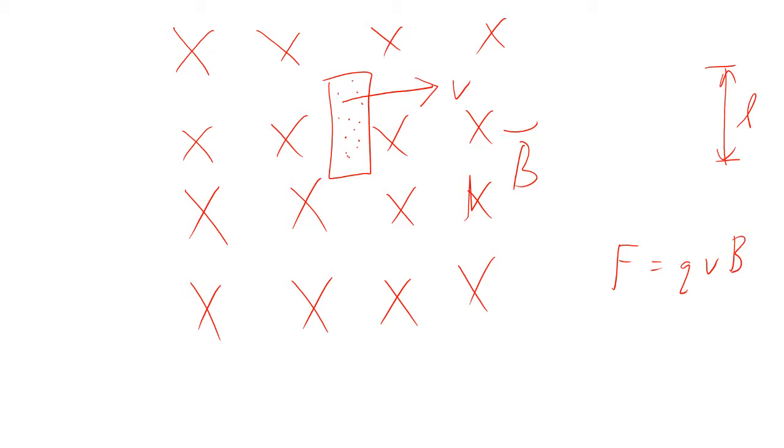Since they're electrons, the Q is actually the fundamental charge, so it's negative. That would mean that the force, by the right-hand rule, is to the top, but negative means down. So electrons would accumulate on the lower surface, and you'd have a lack of electrons on the upper surface. So the upper surface would become positive, and the lower end would be negative.